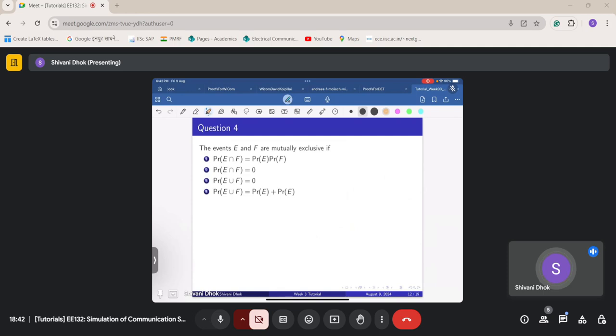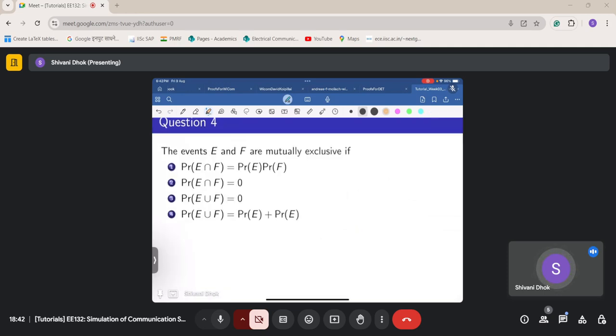So the next question is again simple. It says that the events E and F are mutually exclusive if, first option, probability of E intersection F is equal to probability of E into probability of F. So this is the condition for independence.